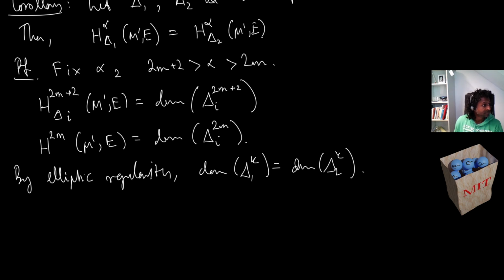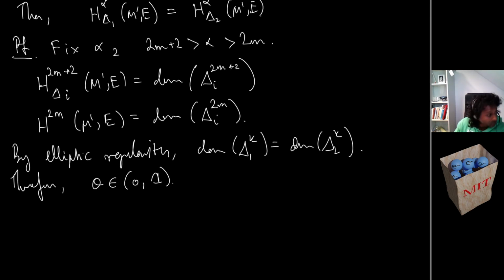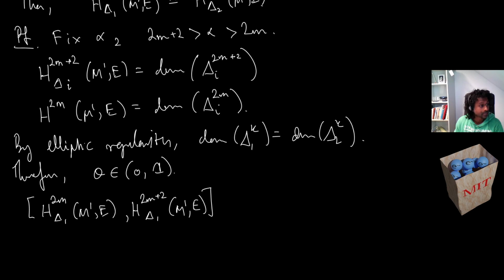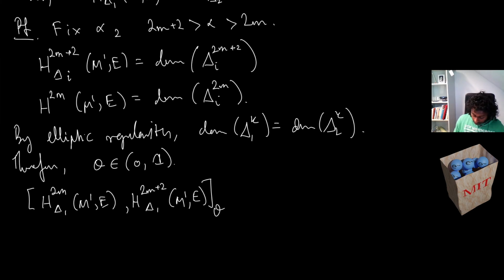So therefore, for theta between 0 and 1, say, we have the interpolation of H^{2m}(Δ_1; M', E) and H^{2m+2}(Δ_1; M', E). We know that these spaces are interpolation couples. That's what I showed in the last example.